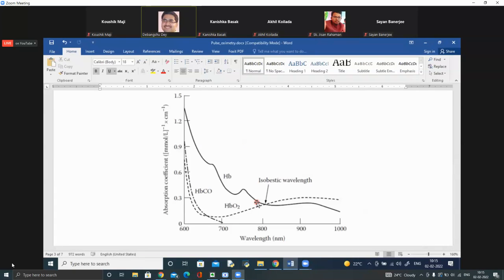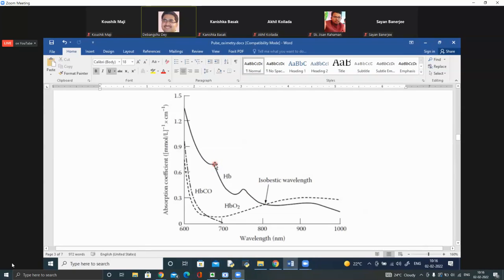So here different wavelengths are absorbed with different intensities, and at this point it is approximately 805 nanometer. Experimentally it has been found that at 805 nanometer, HbO2 and hemoglobin have almost the same absorption coefficient. So that can be used as a reference for how much oxygen is there.